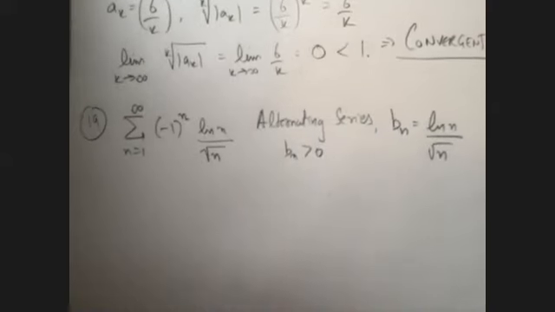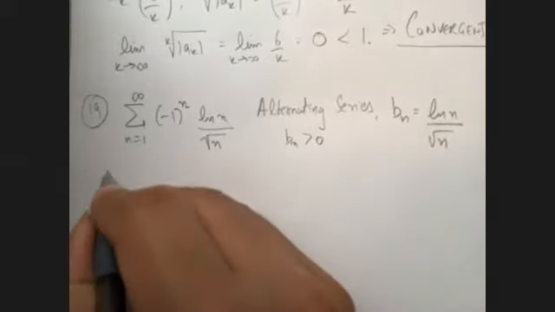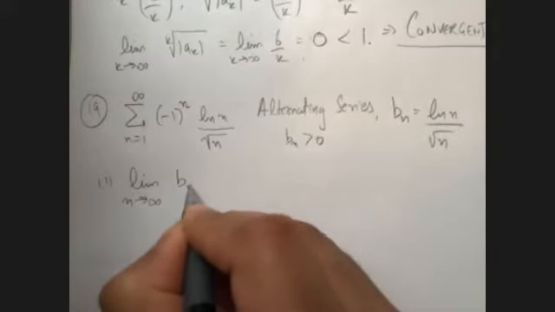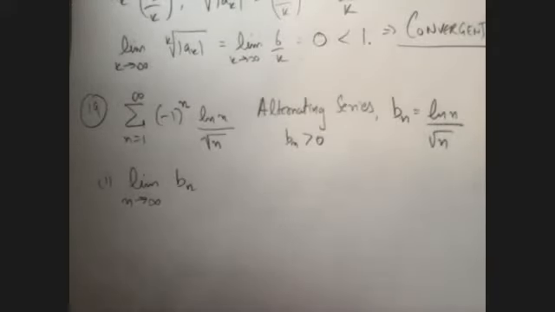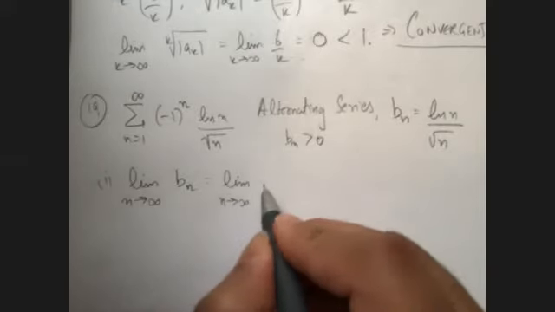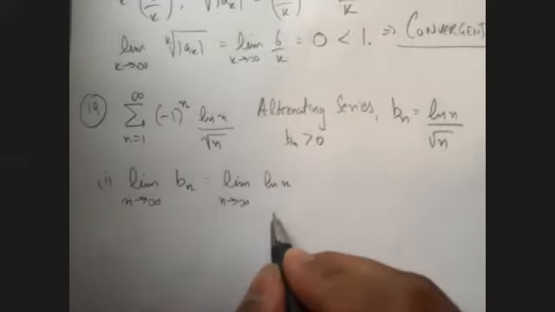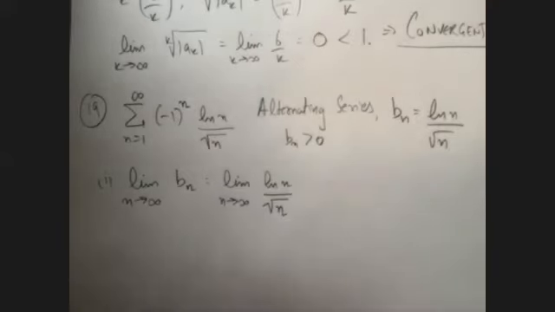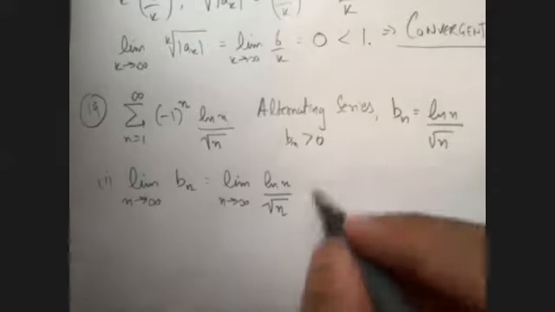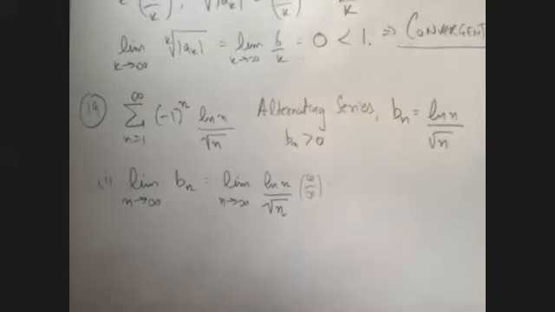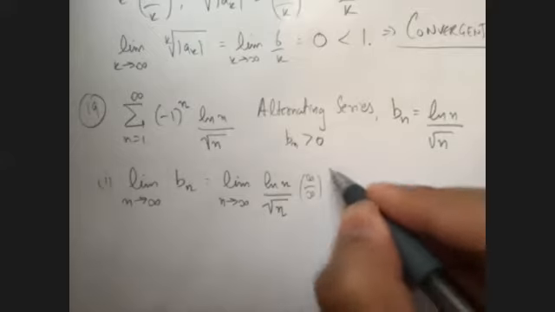Now there are two conditions for the alternating series test. So the first condition: what is the limit as n goes to infinity of Bn? So we can use, so this is infinity over infinity form. So we can use L'Hopital.